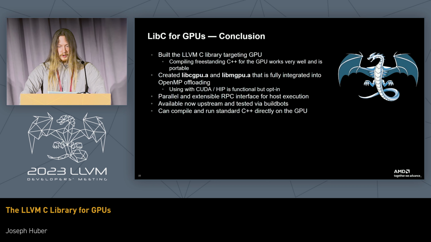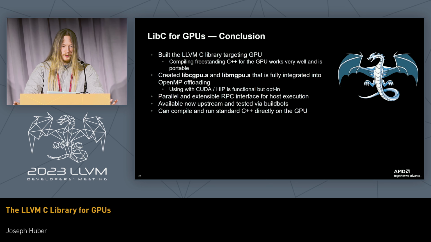So if you build this libc and use OpenMP offloading, you should just be able to call all the supported libc functions that are mentioned on the webpage. And like I said, this works with CUDA and HIP, but it's opt-in, and you need to manually write the RPC server part. So I've done it.